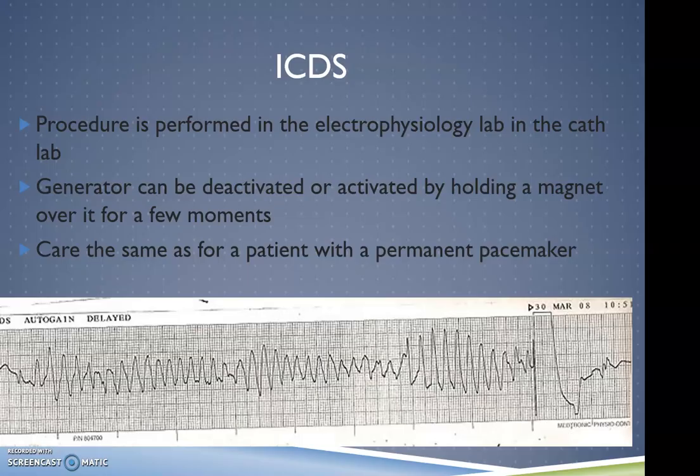The generator can be deactivated or activated by holding a magnet over it for a few minutes. So if the patient is going to the OR for a surgical procedure, they need to have their ICD deactivated. There are magnets on refrigerators in the nursing stations, in the med rooms. They're not for decoration.